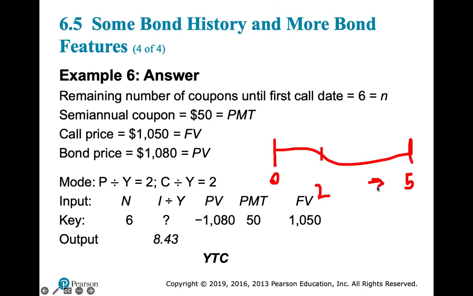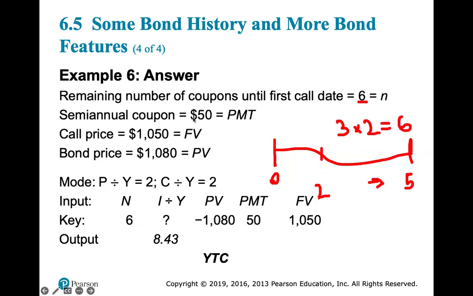So until here, there are 6 coupons left. Why? Because from the second year to the 5th year, there are 3 years. But if it's annual, if it's semi-annual, it means we need to multiply by 2. Means 6 coupons. That's where we have the 6 coupons.